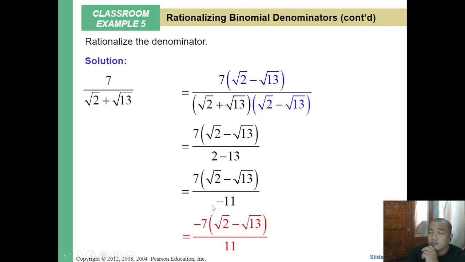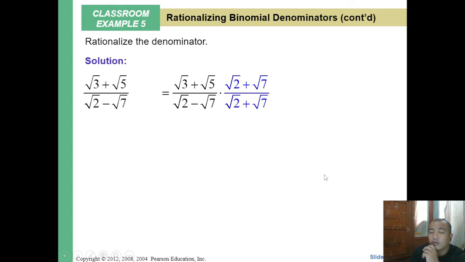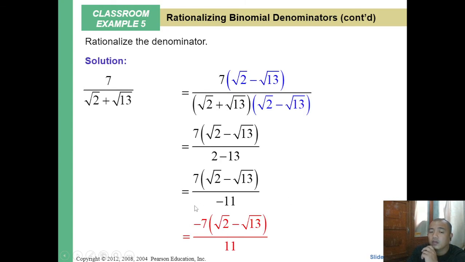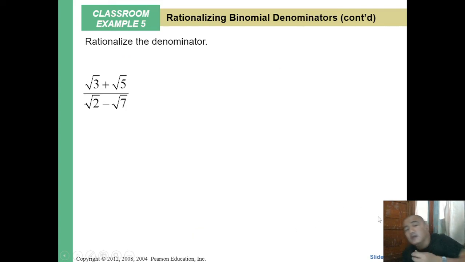Let us put the negative sign in the numerator, so that negative 7 times square root of 2. Okay, we can accept this answer now, or you can still distribute. So negative 7 square root of 2 plus 7 square root of 13 over 11.